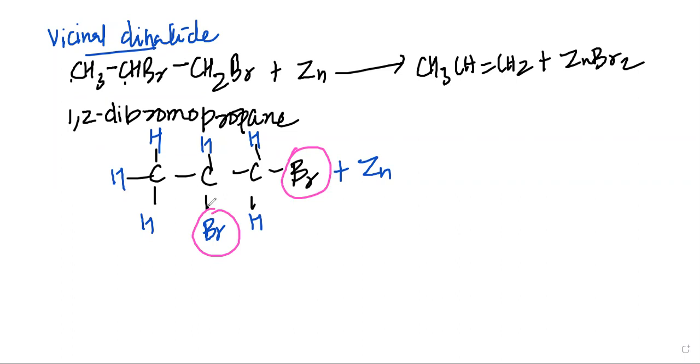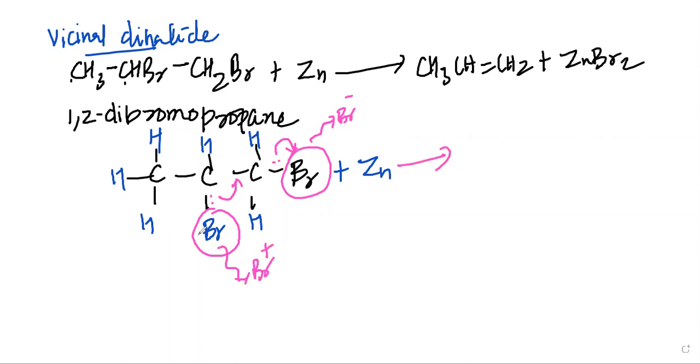So one bromine takes the electron and goes as a Br minus.